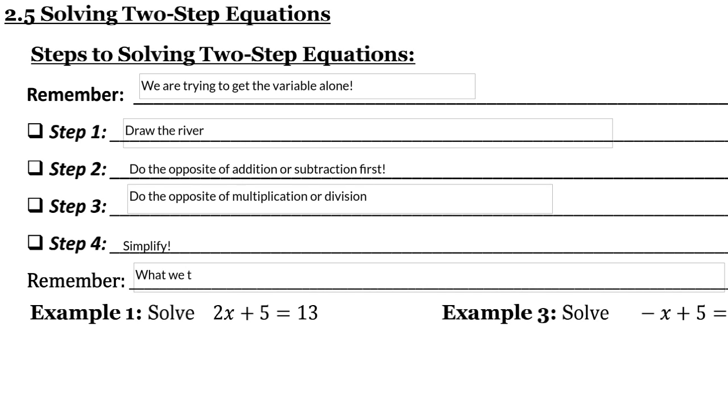What we do to one side of the equation, we always do to the other. Okay, so I can't emphasize that enough. All right, to make sure you got all of the steps down, and then we'll start looking at example 1 together.